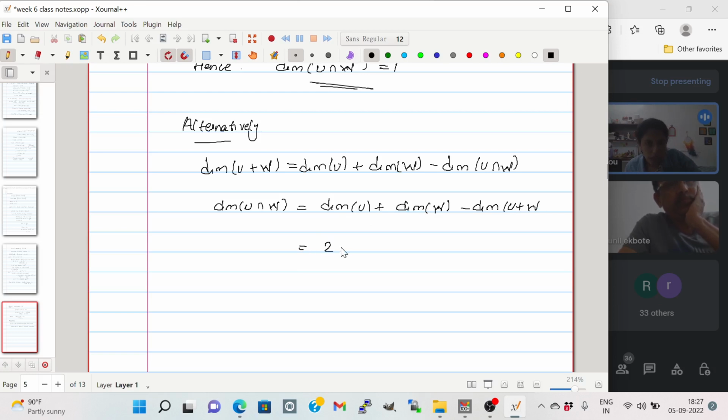We already found both dimensions are 2, 2. But we don't know what is dimension of U plus W.